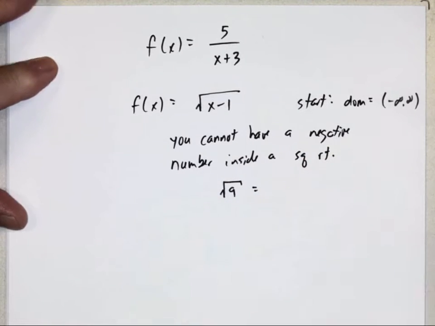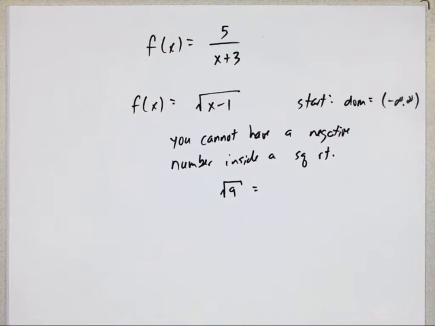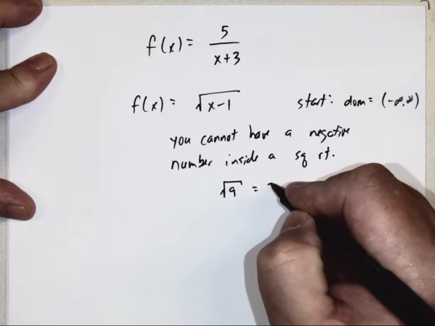Square root of 9, if you recall, the square root says go find a number that you can multiply by itself twice, it equals 9. It would be 3.